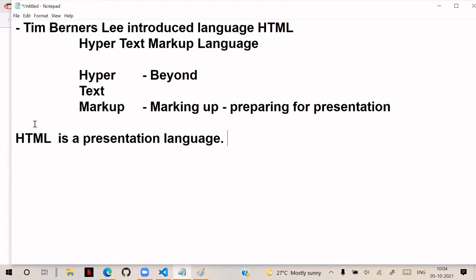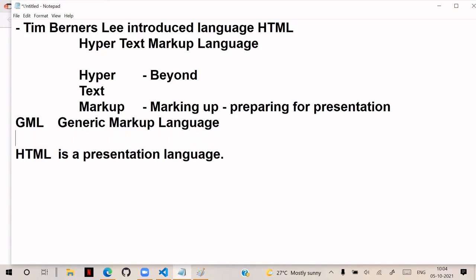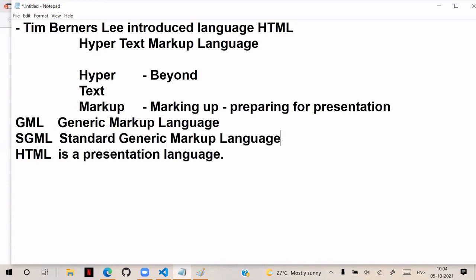Tim Berners-Lee introduced the markup language called HTML. Actually, before HTML, we had markup languages called GML, generic markup language, and SGML, standard generic markup language. HTML was built from GML and SGML.